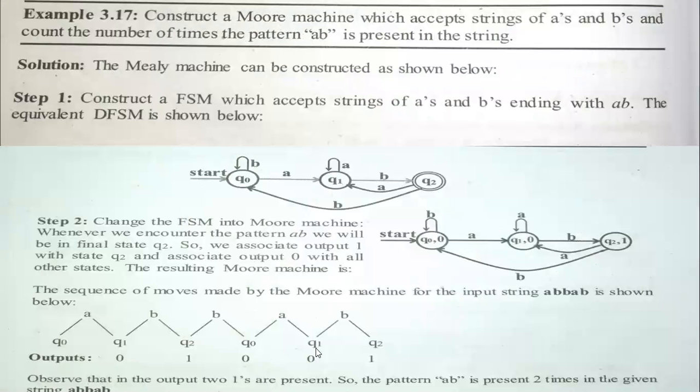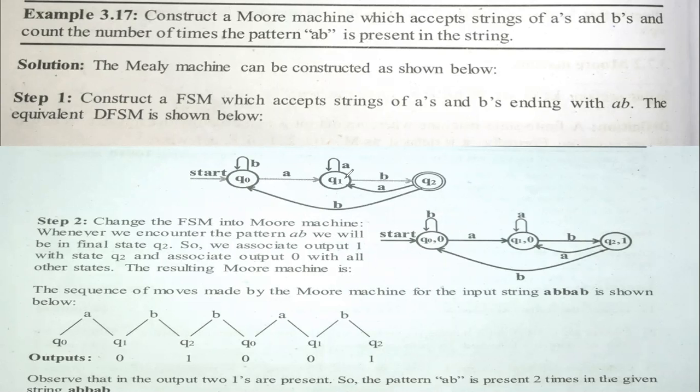So, the second problem, same problem: we need to identify how many times we got this AB pattern. For that, we first design a DFA which accepts the pattern ending with AB. You may ask why we need to go for this ending with AB.